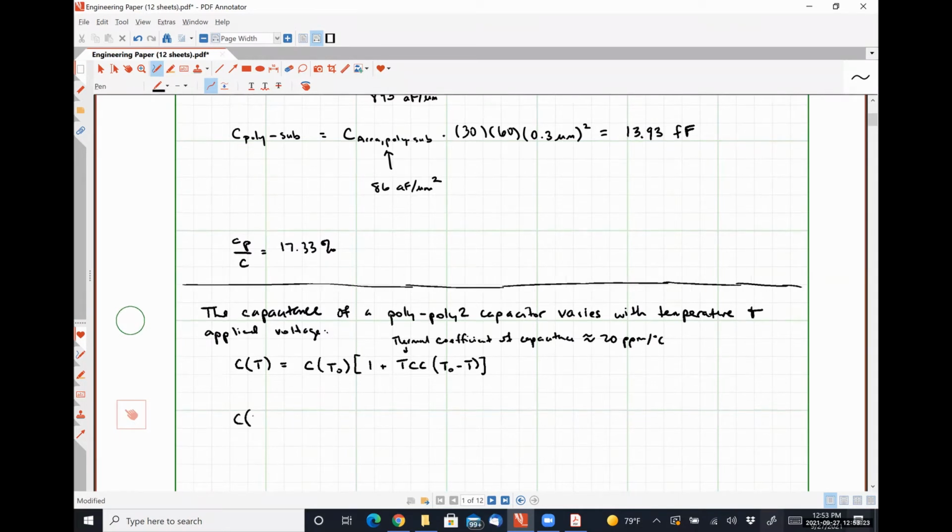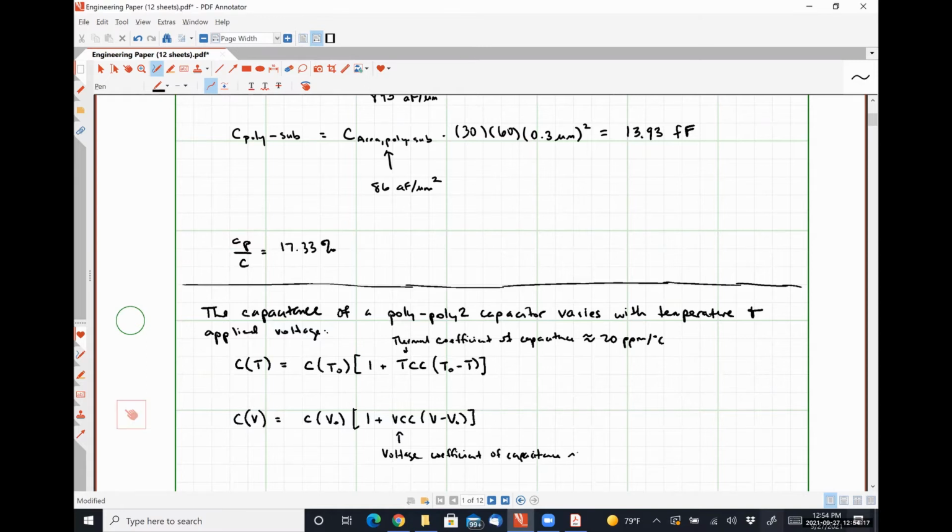And our voltage relationship is C multiplied by V naught, our average value of our applied voltage, just like it was for our N-well resistor, times 1 plus VCC, which is the voltage coefficient of capacitance, multiplied by V minus V naught, where V is the difference in the plate voltages, so it's the total voltage drop over the capacitor.